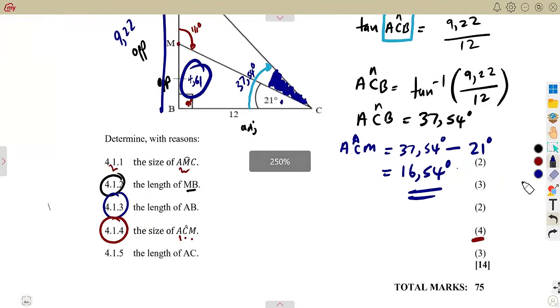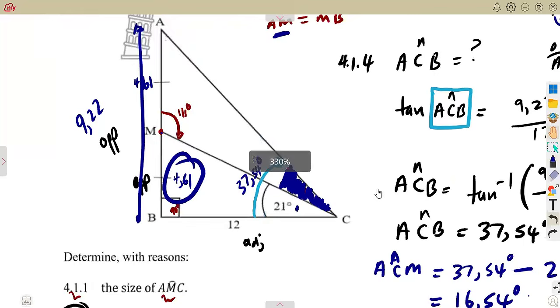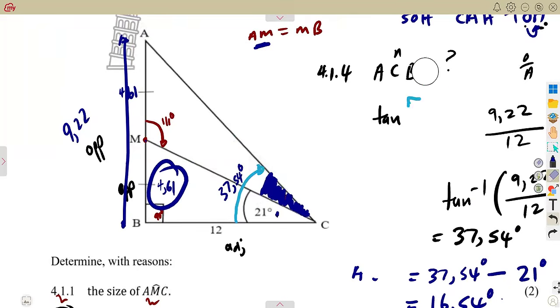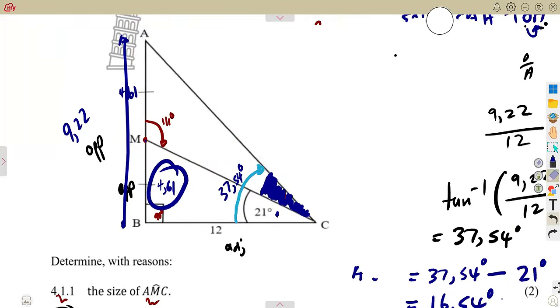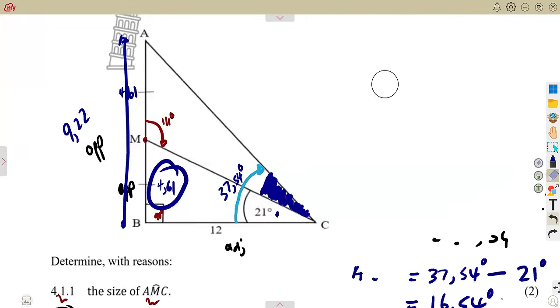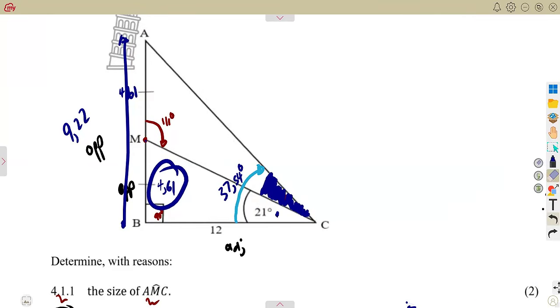It was actually a lot that you have to consider there. And 4.15, the length of AC. So for the length of AC, you can use those trigonometrical ratios, whatever that you want. You can also use the Pythagoras theorem. I'm just going to use one, then you try and use whatever you want to determine the length of this AC.